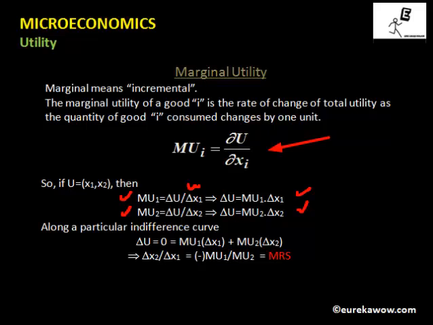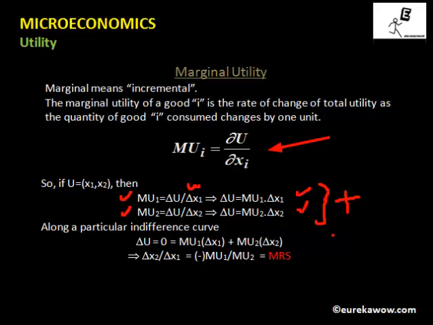So what is the total change in the utility? The total change in the utility will be the sum of these two: MU1 delta x1 plus MU2 delta x2. Now we know that along a particular indifference curve the utility level remains the same, so the change in the utility is 0.